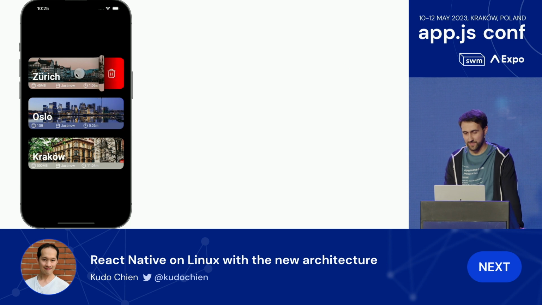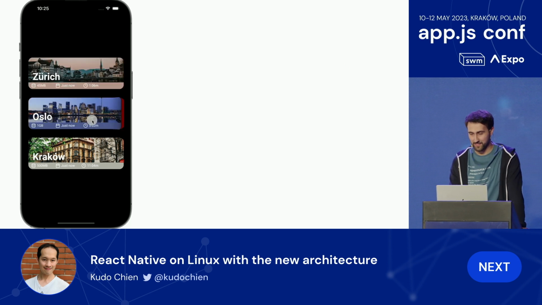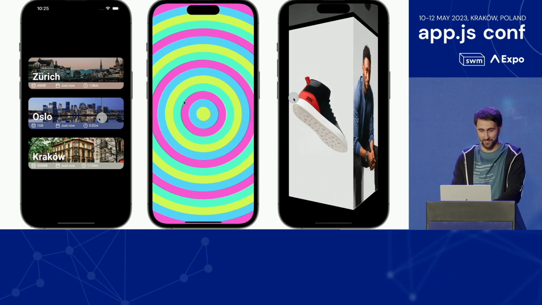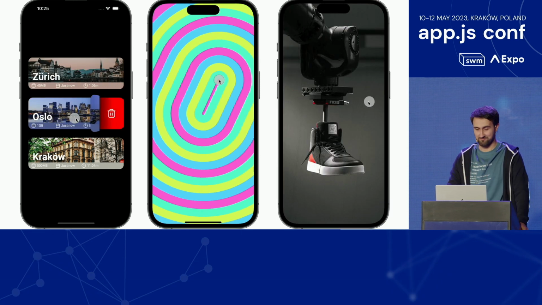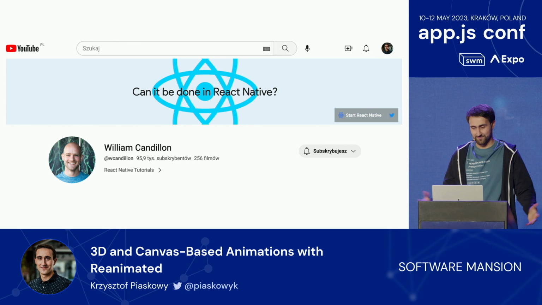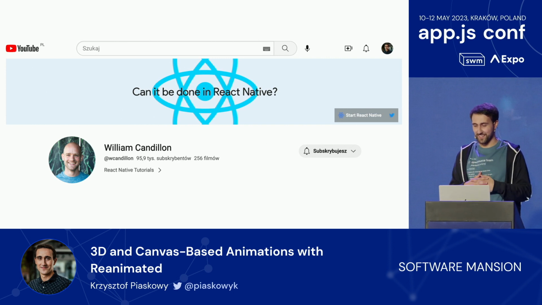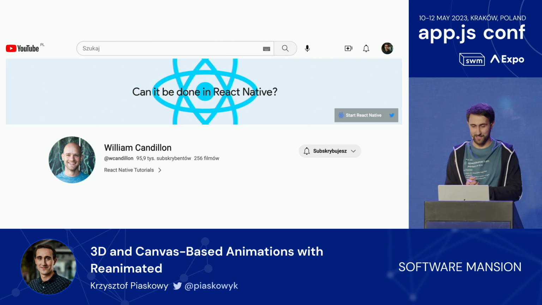With Skia, Reanimated and Gesture Handler, you can make awesome effects like this one, or even this. The presented example, of course, I took from William's channel. If you want more content like this, I really recommend you visit William's YouTube channel.